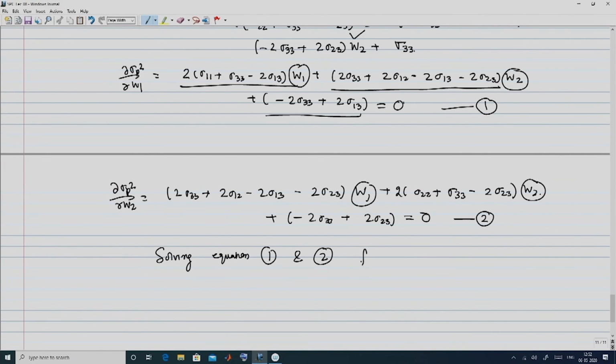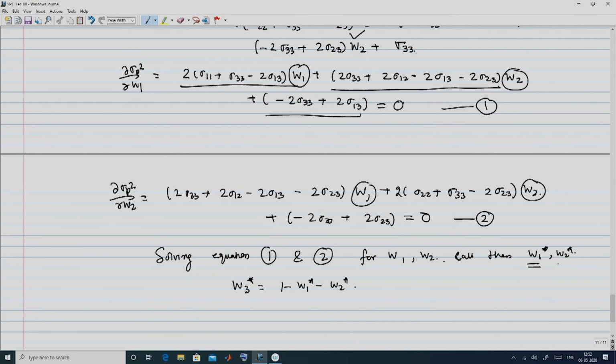So, I solve this equation for W 1 and W 2 and call them say W 1 star and W 2 star. Then W 3 star is going to be 1 minus W 1 star minus W 2 star.